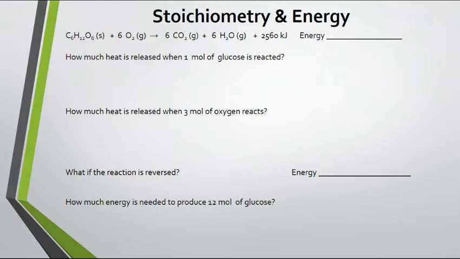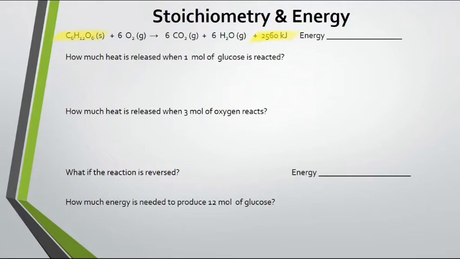And the good news is, because these energy terms can be written as part of a chemical reaction, we can use the balanced chemical reaction to write a ratio comparing the amount of energy absorbed or released in a chemical reaction with the amount of substances being used to make that energy or to use that energy.